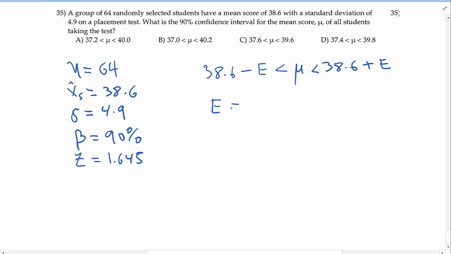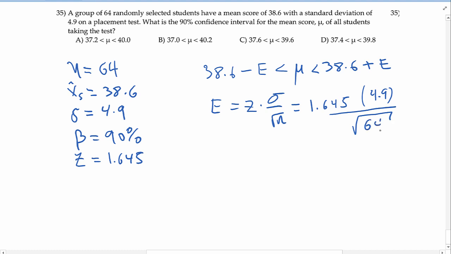So the margin of error is the z-value times sigma over the square root of n. This gives me 1.645 times 4.9, which is the standard deviation, divided by the square root of the sample size, 64.